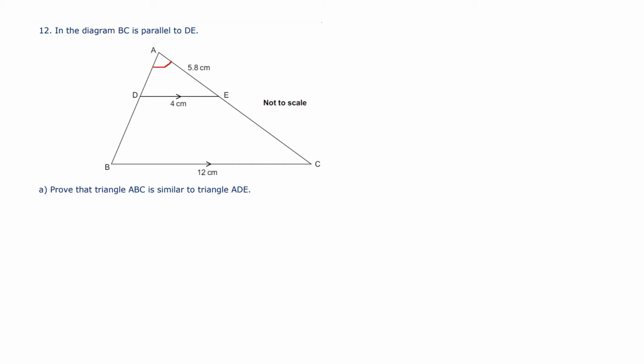Then we've got parallel lines, so we can use the properties of angles in parallel lines to prove that these other two angles are equal. We've got angle AED and angle ACB, and those are both equal because they're corresponding angles in parallel lines.